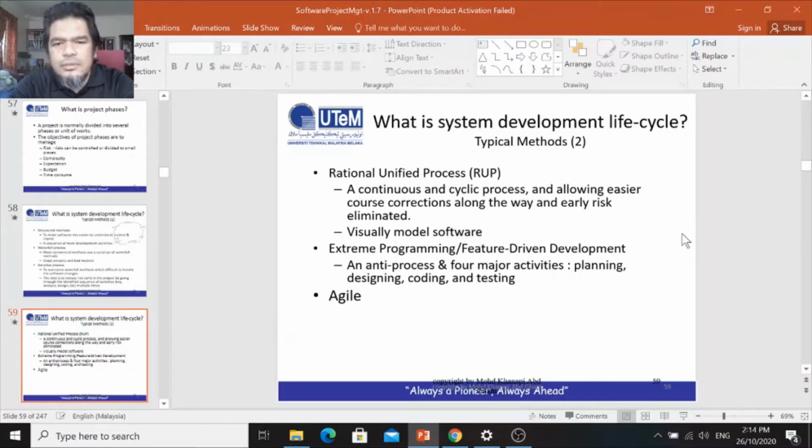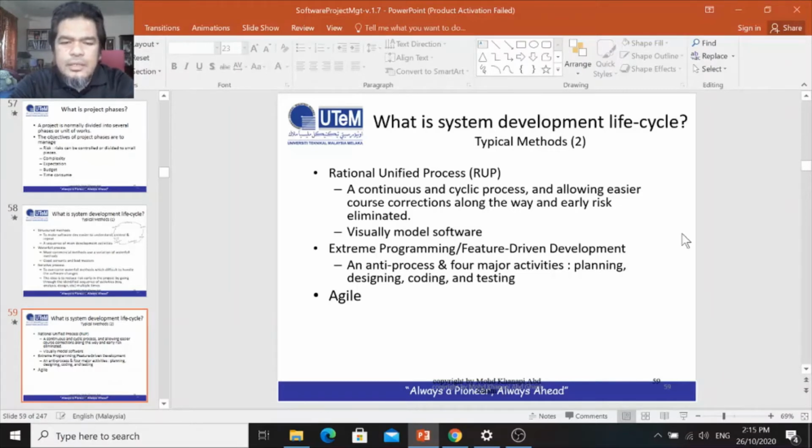RUP uses a lot of documentation. They put a lot of artifacts to be delivered by the developer.